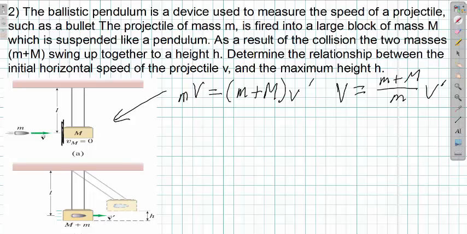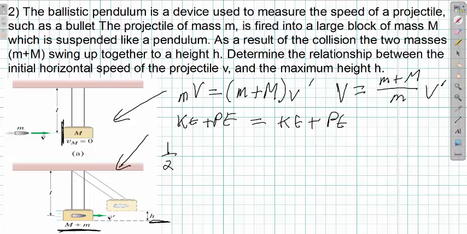Now if we look at the second situation, where this actually turns into a pendulum, the energy should be conserved, ignoring, of course, any small amounts of friction in the rope. So our kinetic energy plus potential energy before has to equal the kinetic energy plus potential energy afterwards. Our kinetic energy in the beginning would be 1/2 little m plus big M times v prime squared, plus, if this is our 0 point down here, potential energy would be 0.